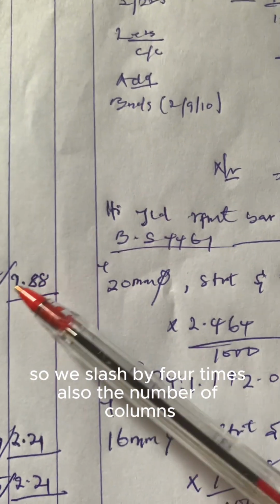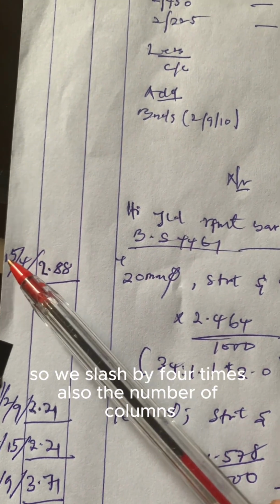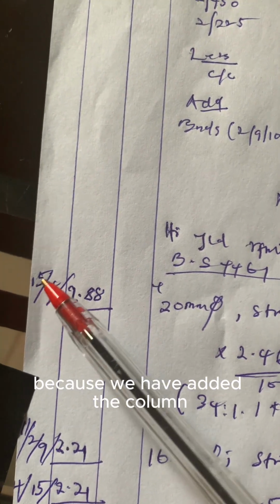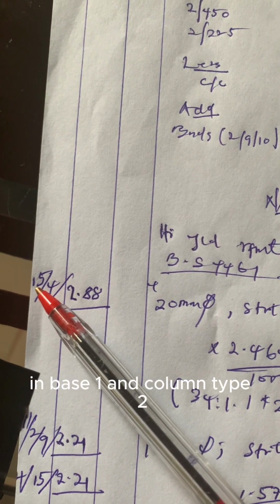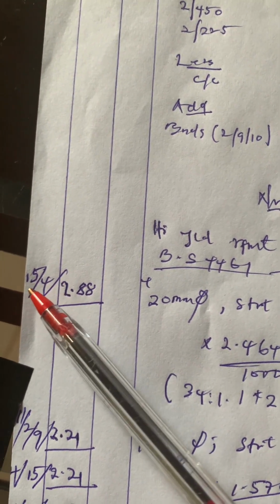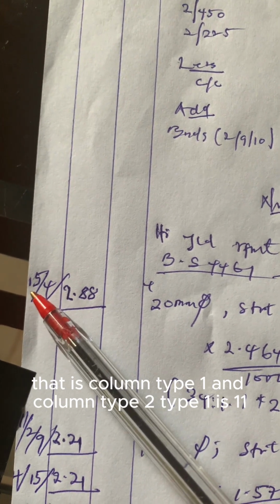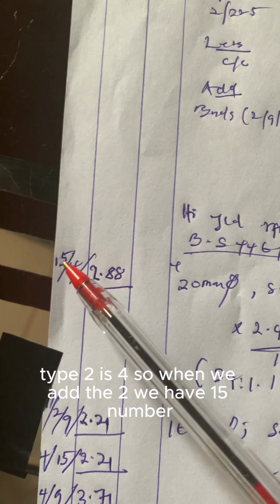So we slash by 4 times also the number of columns. In this case we have 15, because we have added the column type 1 and column type 2. Type 1 is 11, type 2 is 4. So when we add the 2, we have 15 number.